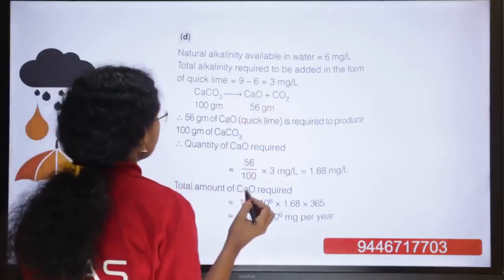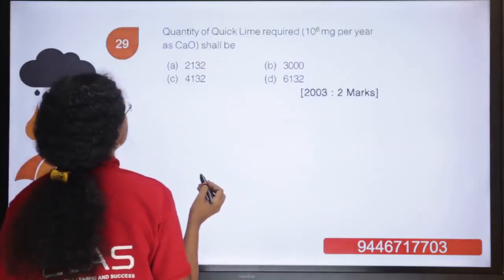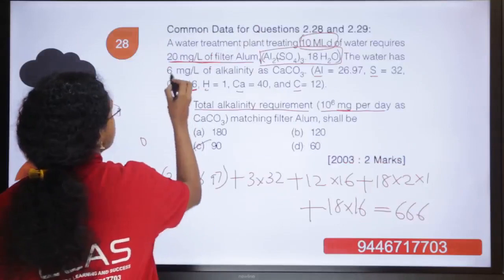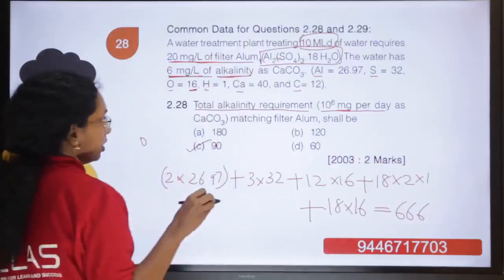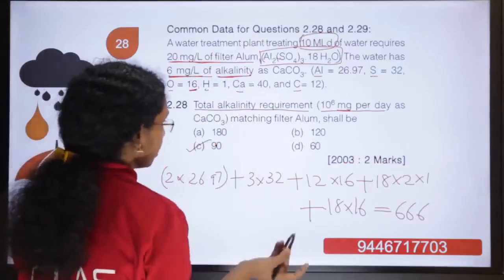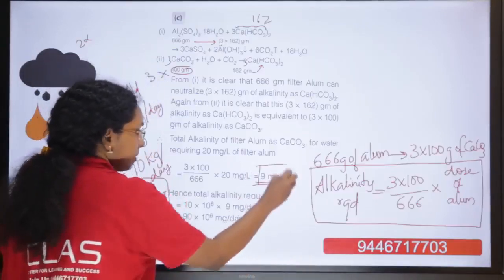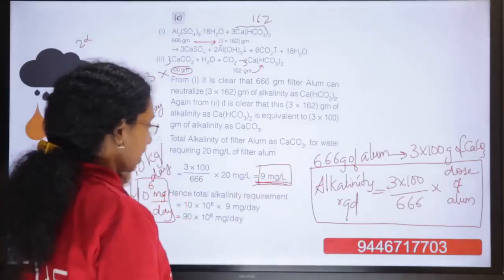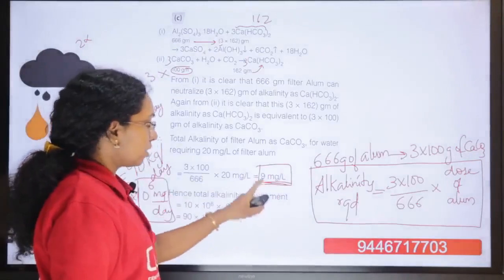Now the natural alkalinity that is already present in the water is given as 6 milligram per liter. But the alkalinity that we require, we have found as 9 milligram per liter. So alkalinity already present in the water is 6. The alkalinity actually required is 9.